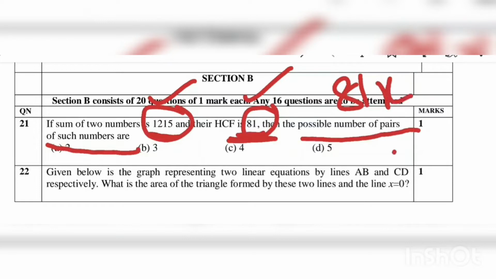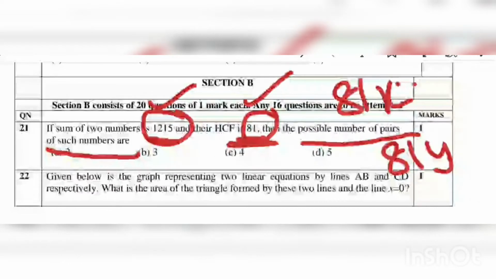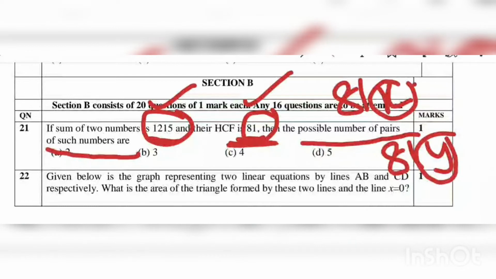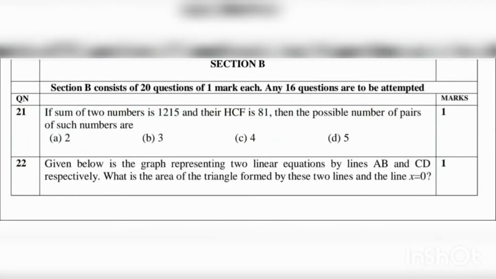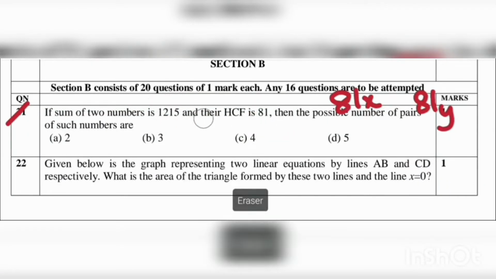So we can take the two numbers as 81x and 81y. They have 81 as the highest common factor, so x and y don't have any other common factor. Thus x and y are going to be co-prime numbers. We are given that the sum of the numbers is 1215.